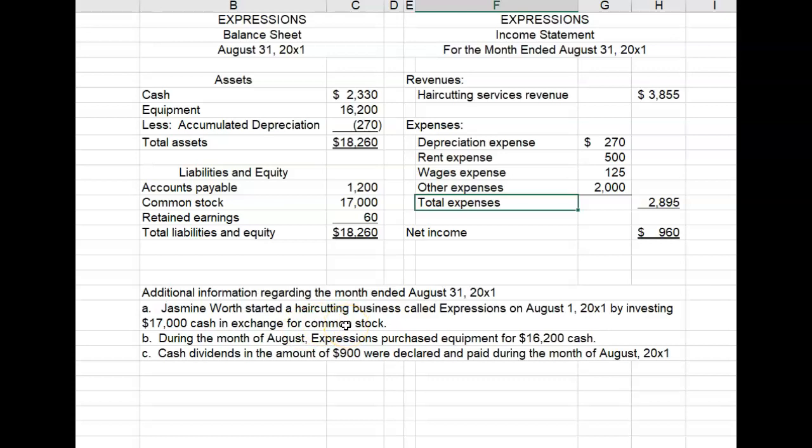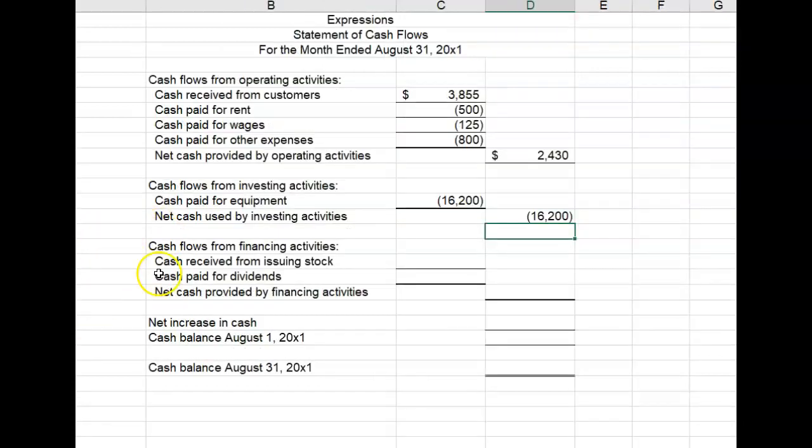So the answer is yes. The company received $17,000 cash in exchange for common stock. So under our cash flow section, cash received from issuing common stock, $17,000. Now let's go take a look at dividends.